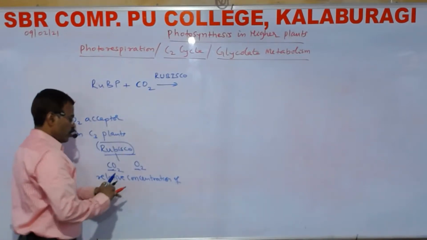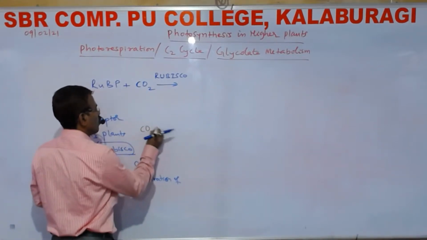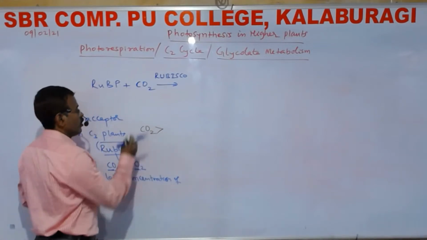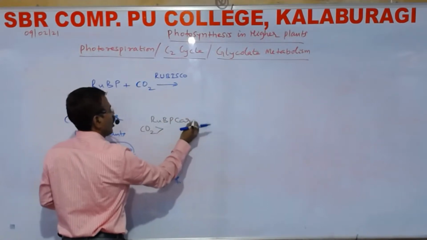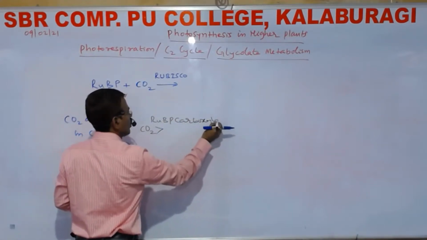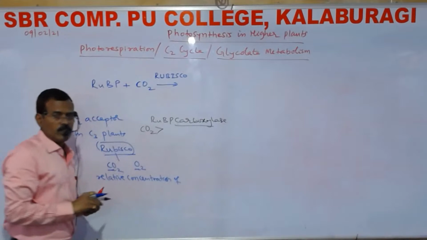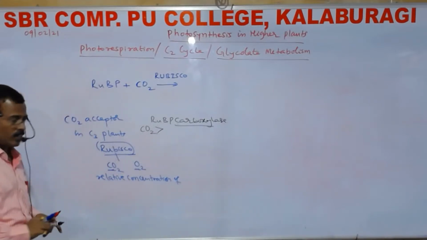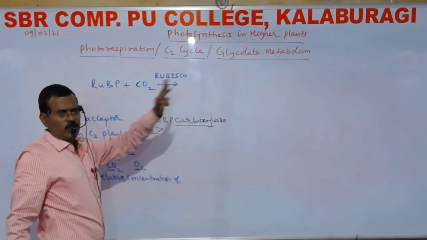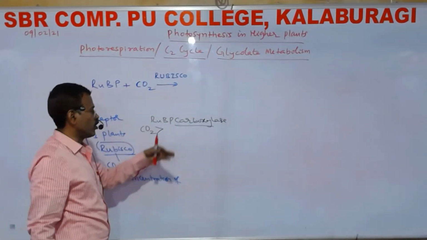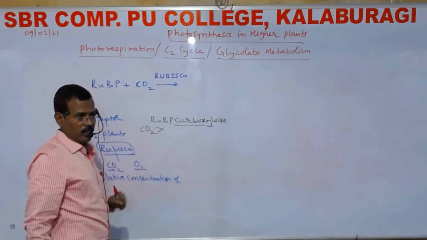When the relative concentration of carbon dioxide is more, this enzyme acts mainly as RuBP carboxylase enzyme. Here it results in formation of 3-phosphoglyceric acid as the first stable compound. So C3 cycle will occur.